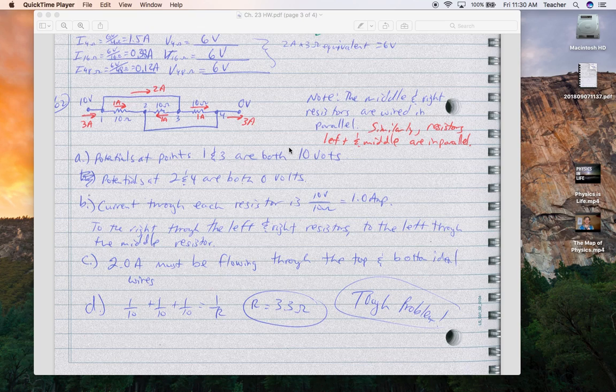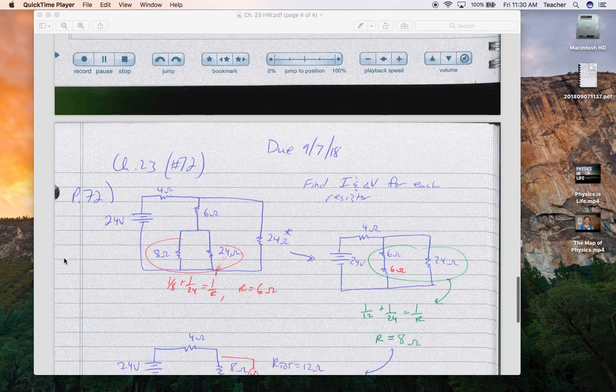Each of those paths, you would go through a 10 ohm resistor, and therefore the total current would be 1 amp through each of those resistors, 3 amps total. We can work our way back from that and get the fact that essentially we've got a 3.3 ohm circuit. 2 amps is going through this top branch, and 2 amps will be going through this bottom branch down here. Much tougher problem than it initially looked.